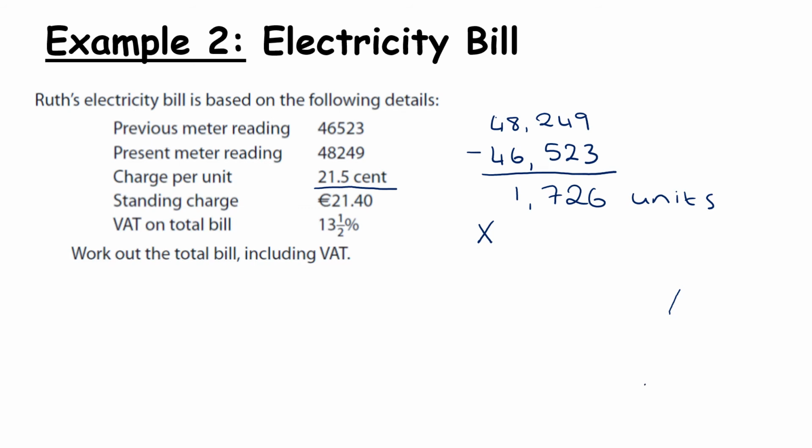Each unit costs 21.5 cents. Remember, change it to euro at the start, and it'll be a little bit easier. So that's 0.215. Now, this in itself can cause some problems. Why is it half a cent? If you look around, especially at petrol and diesel prices at a garage, we often see parts of cents used, and you say, well, we can't have half a cent.